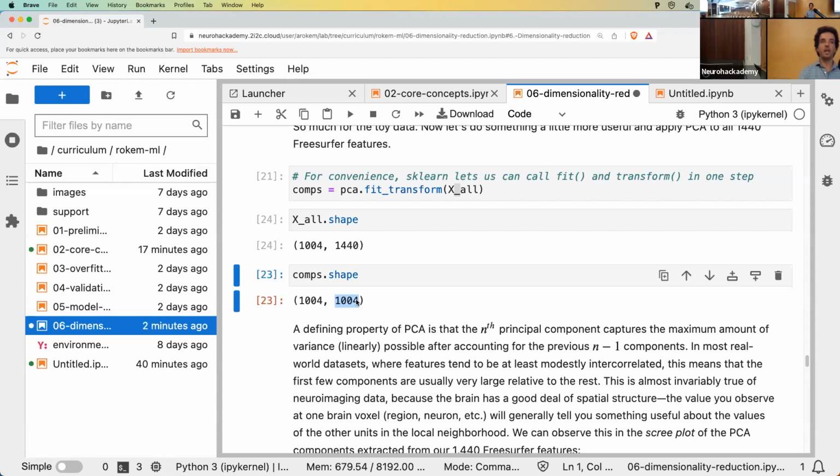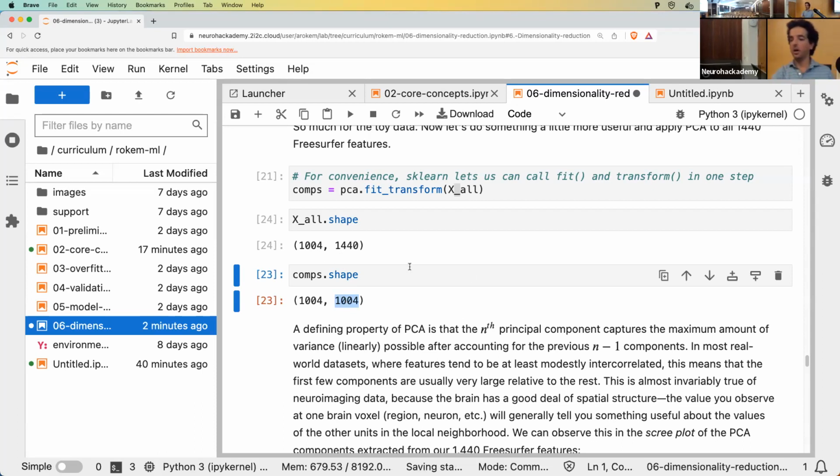Principal component analysis is limited. It can't go beyond the smaller dimension of the original data. So we end up with only 1004 features. We've chopped off almost 440 dimensions off the original data.